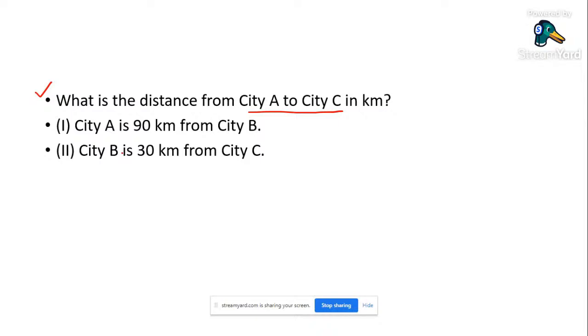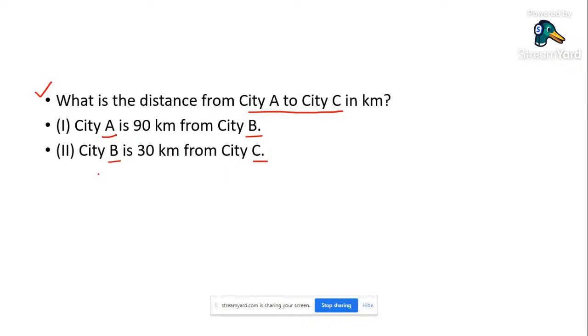The first statement given is the distance from city A to city B is 90. The second statement is city B to city C is 30. If you refer to the first statement, there is no information about city C, so you cannot answer it.